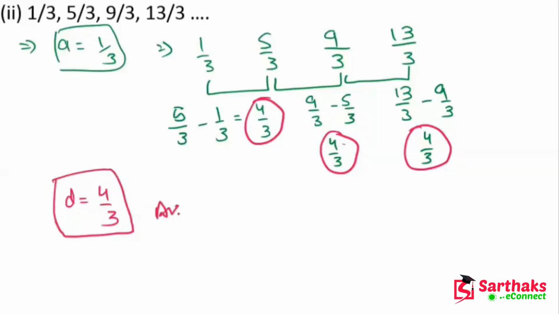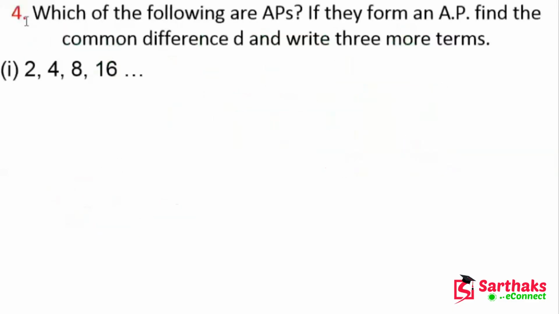I hope you understand how to deal with these types of questions. Now let's move on. Question number 4 is: which of the following are APs? If they form an AP, find the common difference and write 3 more terms.